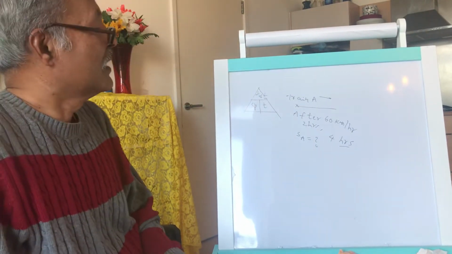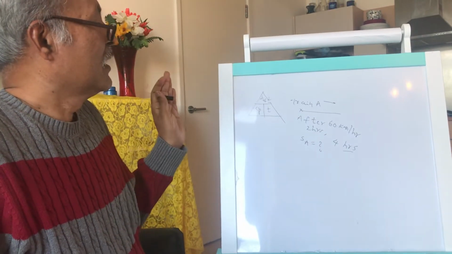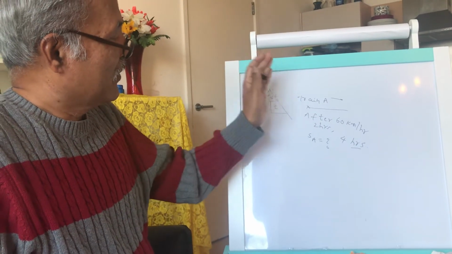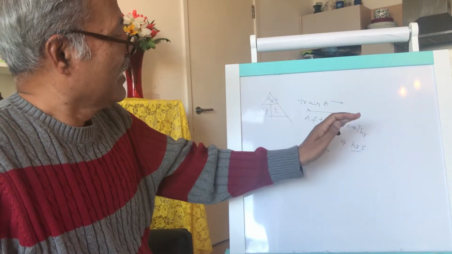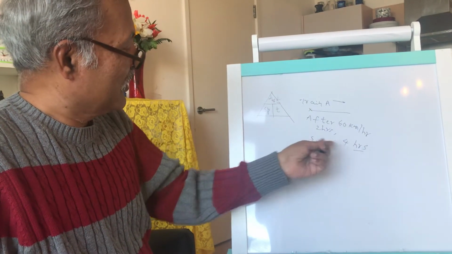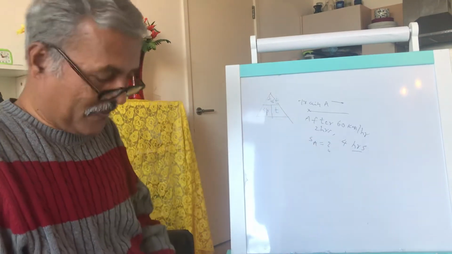Now, I hope you understood the problem. Train A has started from a station, and after 2 hours, the second train starts with 60 km per hour, and catches up the first train in 4 hours. The question asked is, what is the speed of the first train?